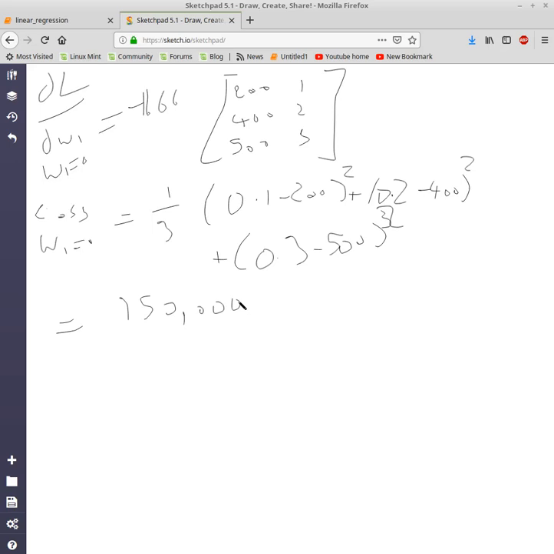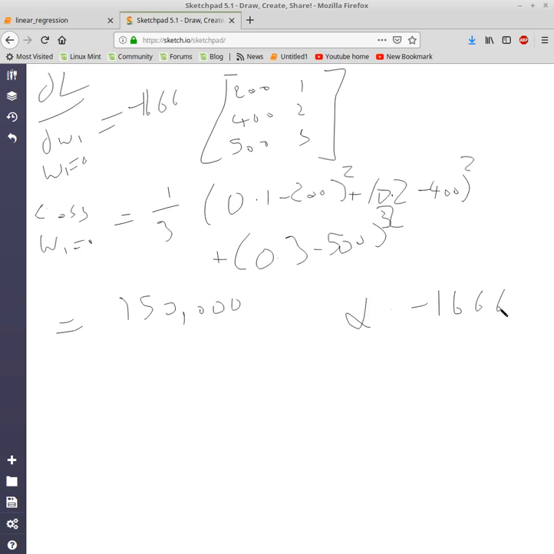So when W1 is equal to 0, increasing W1 by a small amount called alpha will change the loss by alpha times negative 1,666. So we saw that here.